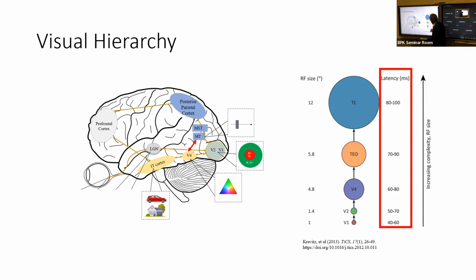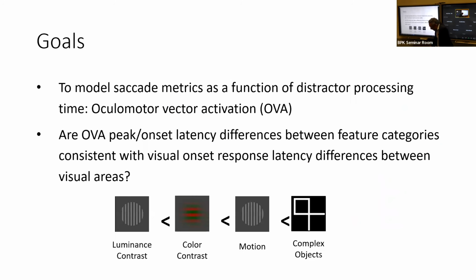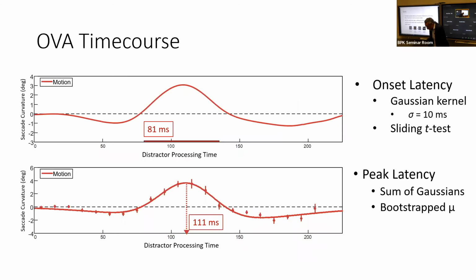We can take a look at timings from primate neurophysiology between V1, V2, V4, TE, and TEO, and get those timings. And we're going to do the same thing with the stimuli I just showed you across these studies: luminance, color, motion, complex objects. We expect that this oculomotor modeling would show the earliest latency responses for luminance, then color, then motion, then complex, as we're going through the system.